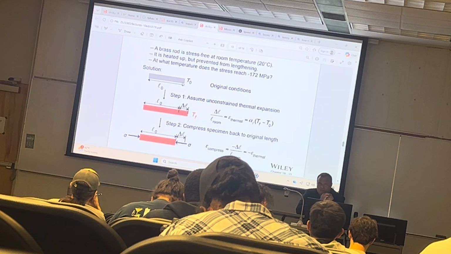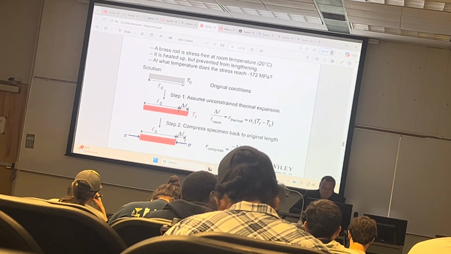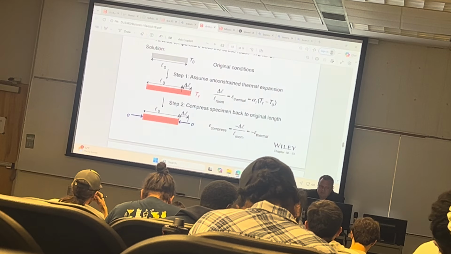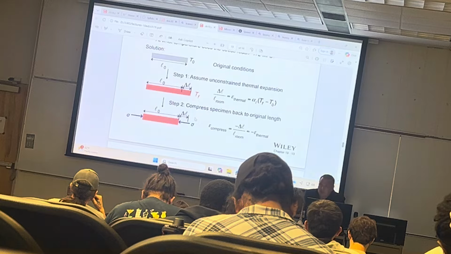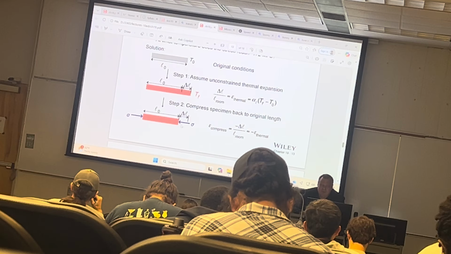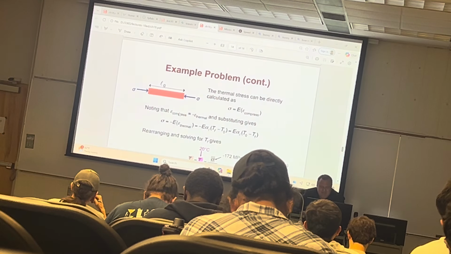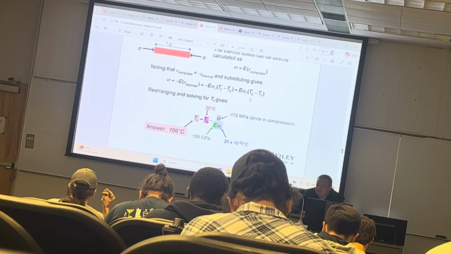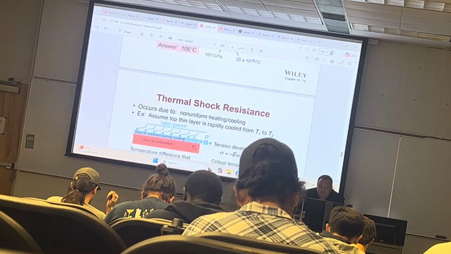There's going to be stress. Mechanical stress that's arising. So first we assume that the material is unconstrained and we'll let it expand. Then what we're gonna do is we're gonna push it back. This is actually how the problems are solved in mechanics. And follow this calculation. And it seems like I'm out of time, so we're gonna pick it up on Thursday.